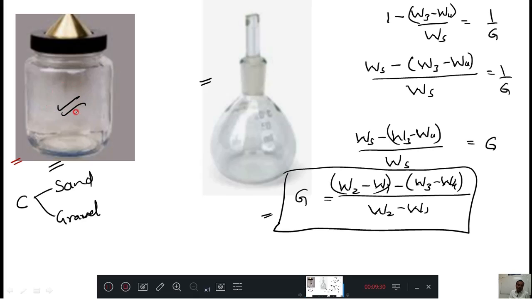When you perform it for fine soil, clay or silt, the particle sizes are very small, therefore you use a density bottle. The procedure is the same: W1, W2, W3, W4. If you use this also, W1, W2, W3, W4. And that is complete.